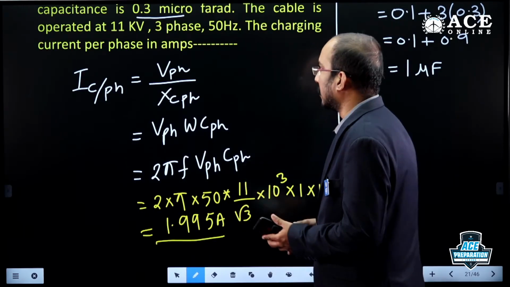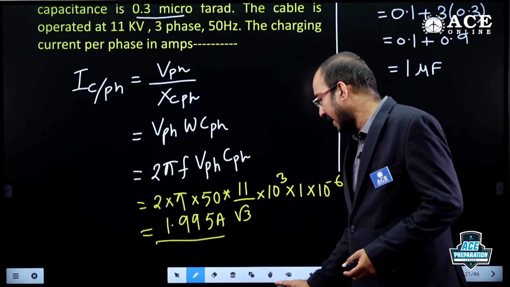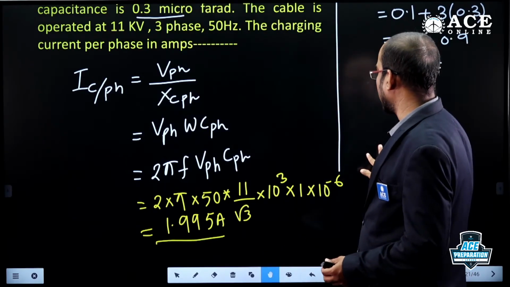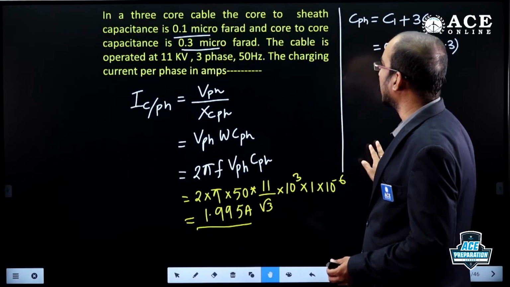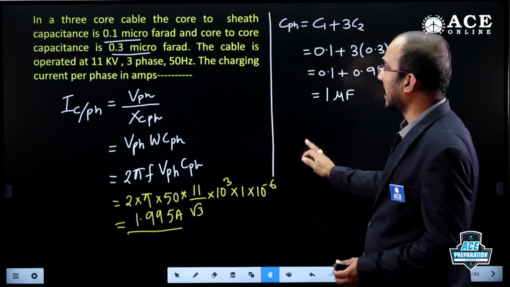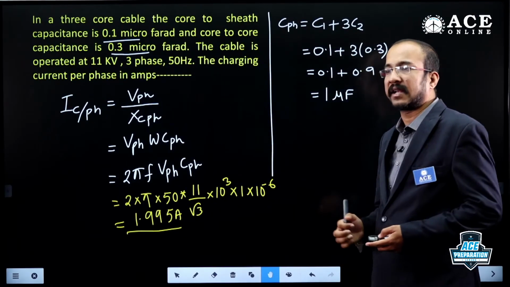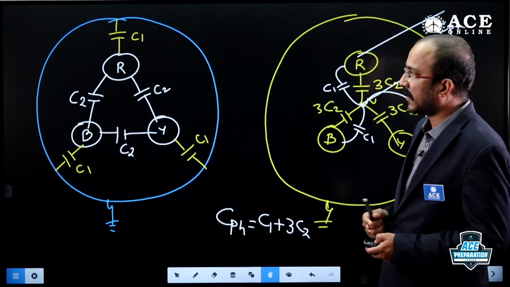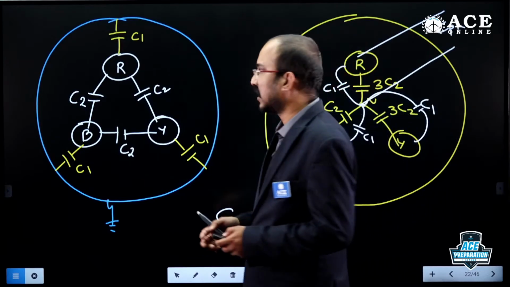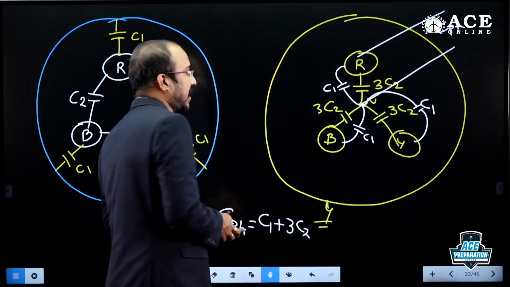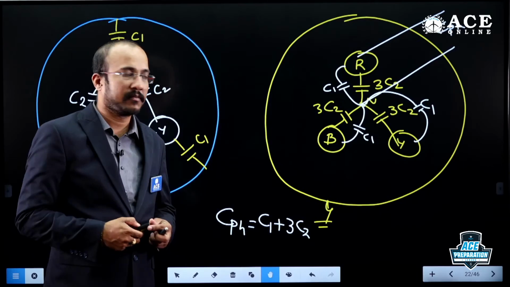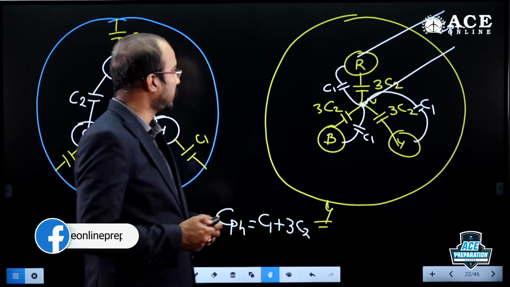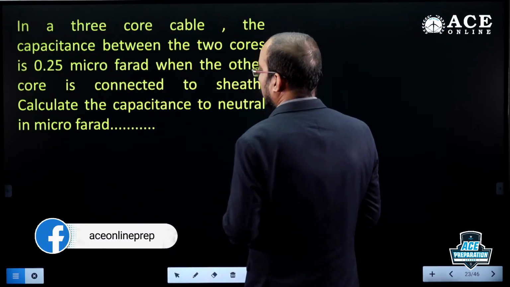This is how we can calculate the charging current per phase. But for solving this problem, you should have the basic idea of how to calculate first the capacitance per phase. That is, if core to core capacitance and core to sheet capacitance are given, first convert that and then you can calculate. Done? Let us move to the next question.